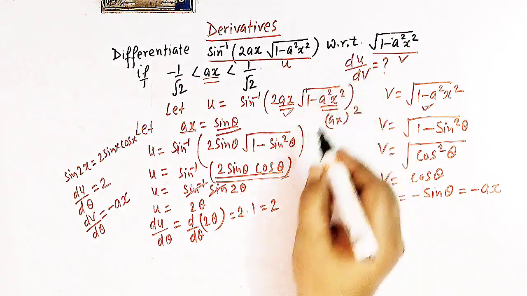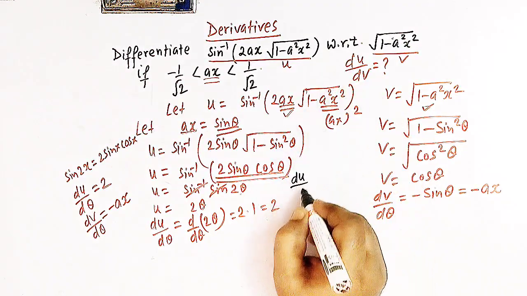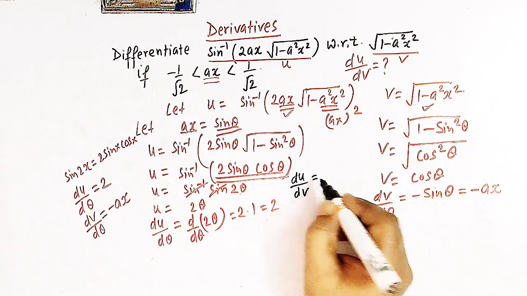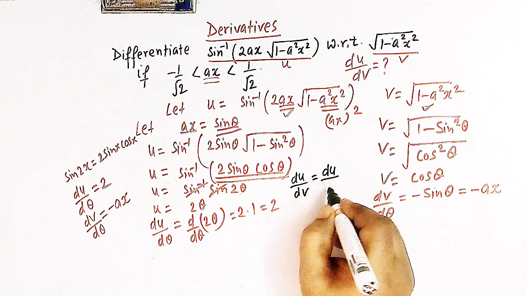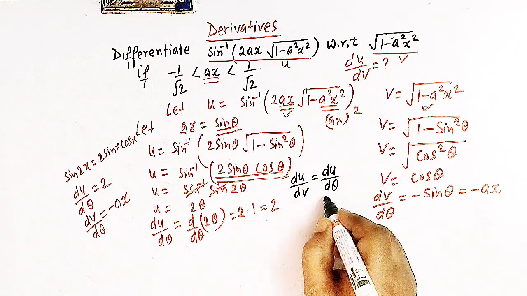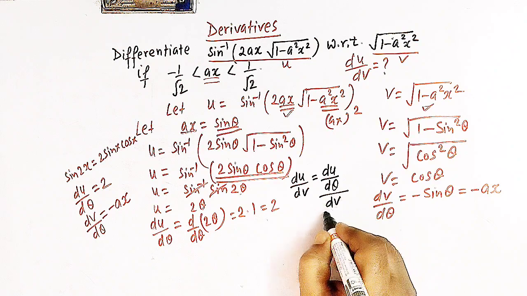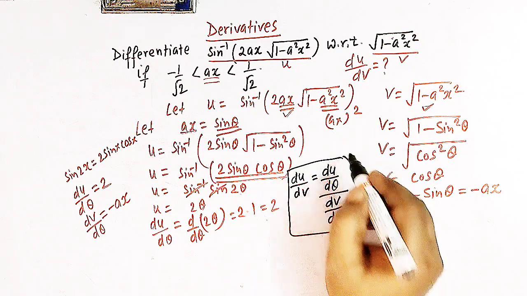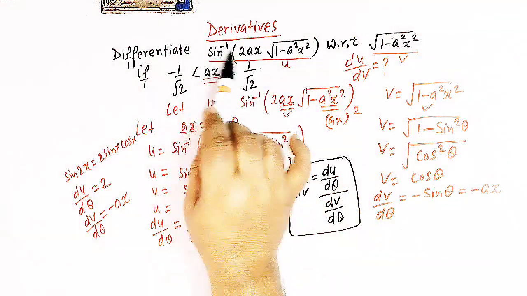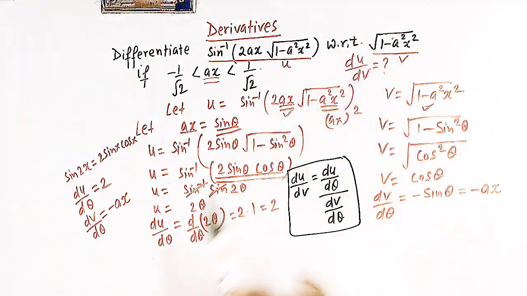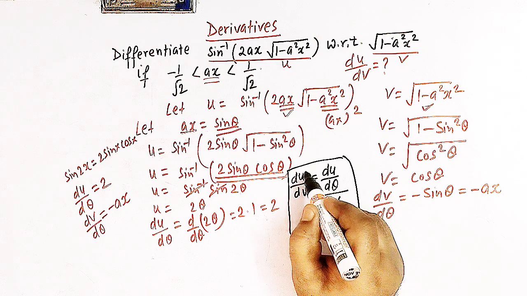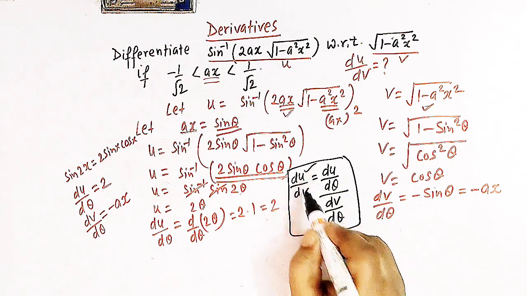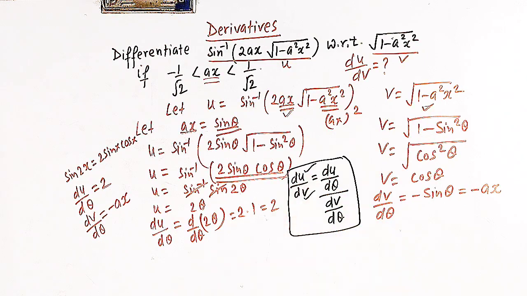Now this derivative, du over dv, can be written as du over d theta divided by dv over d theta. Here we are finding the derivative of one function with respect to another. This is our first function u, and this is our second function v.